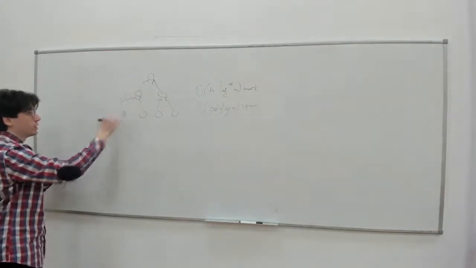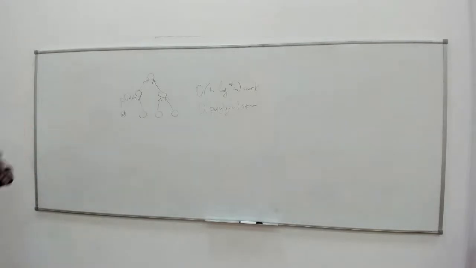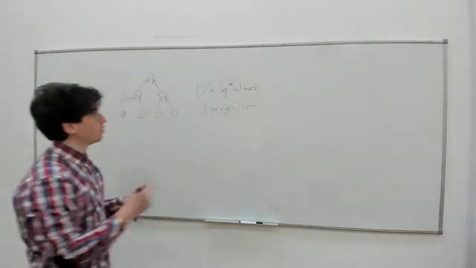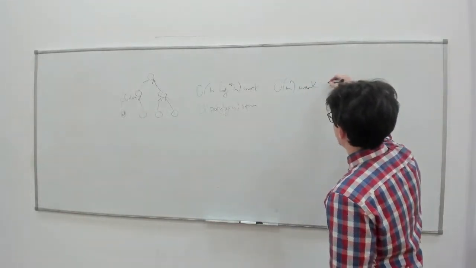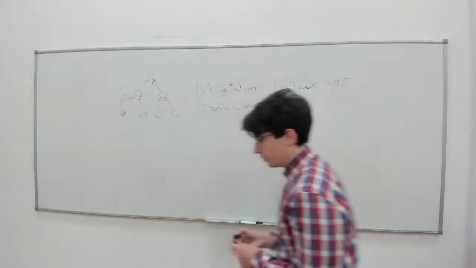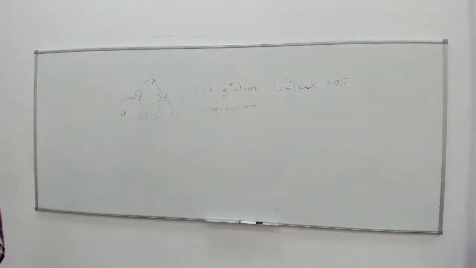I think you can do this in linear time, to be honest, but I'm not sure. If you do this in linear work, then I will give you extra points, plus 0.5, and also polylog span.